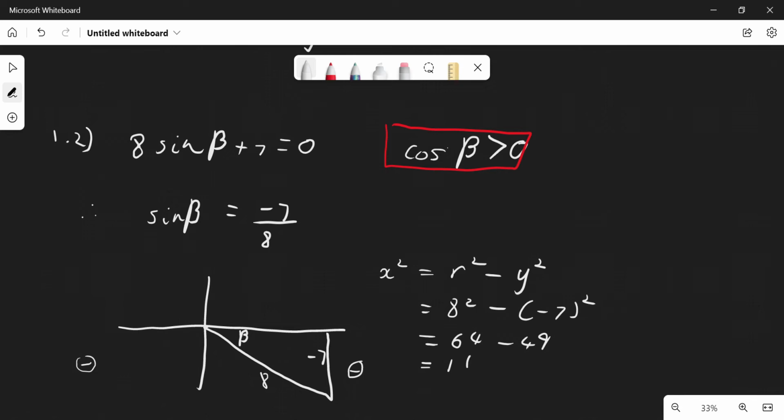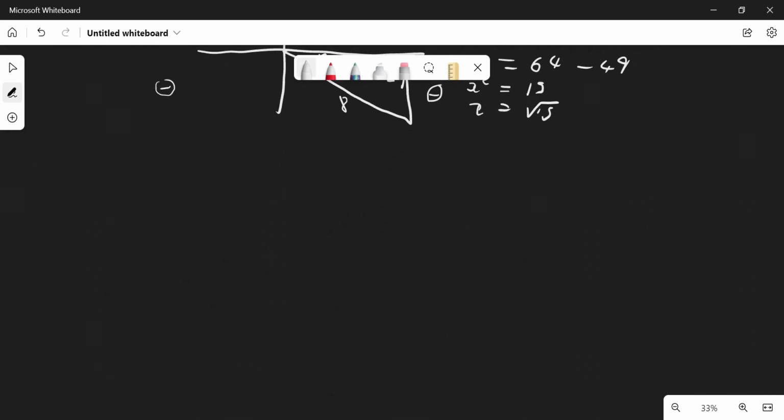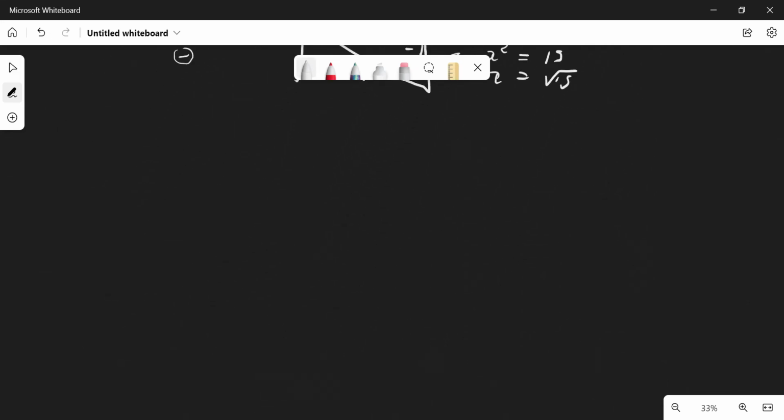That's equal to 15. That's x squared. So x is equal to the square root of 15. Okay, so now we can solve our question.